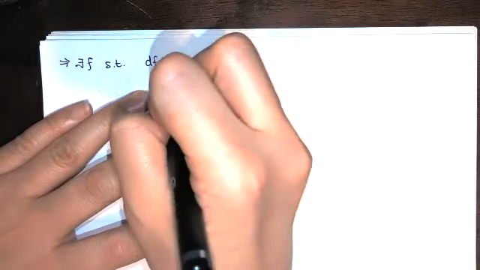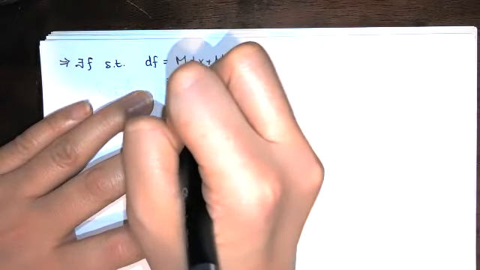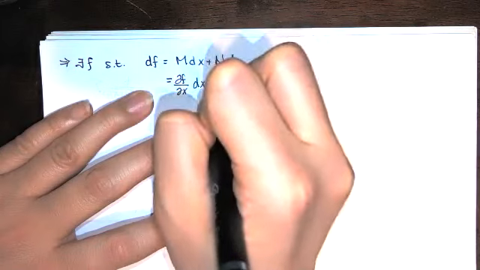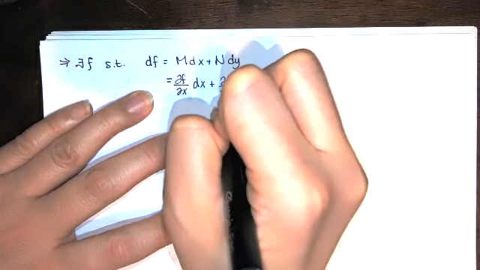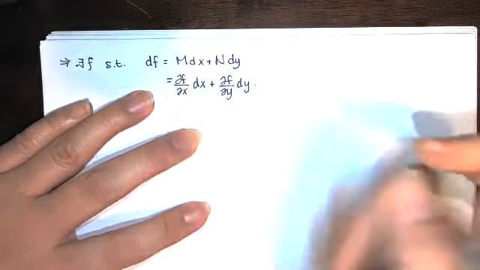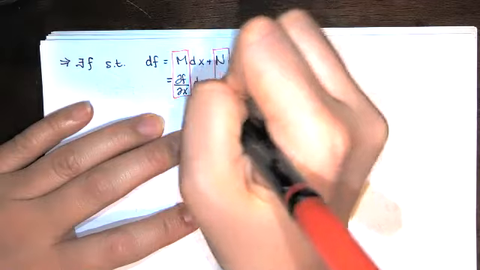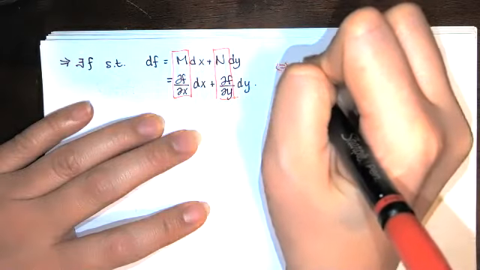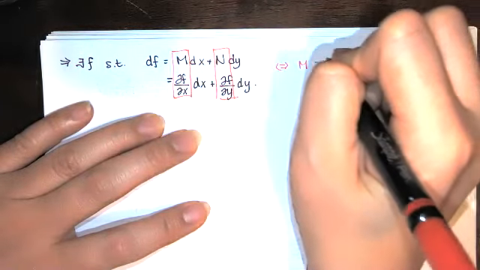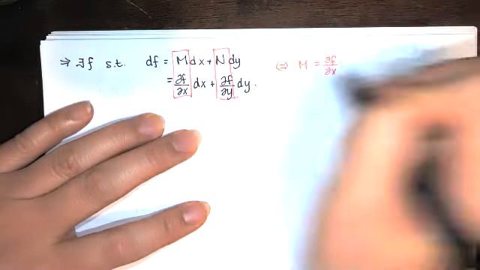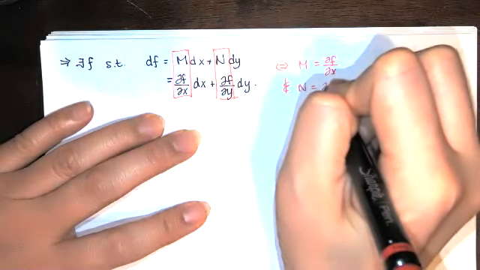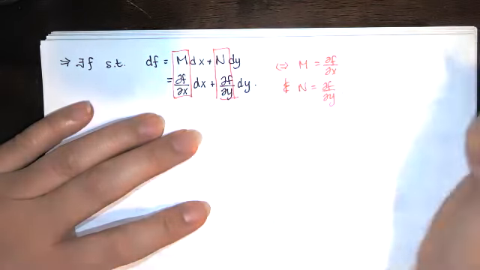But the total differential of f is the same as the partial derivative of f with respect to x times dx plus the partial derivative of f with respect to y times dy. Well, the only way those two expressions are equal is if these functions are equal. So that means that M must be the partial of f with respect to x, and N must be the partial derivative of f with respect to y.